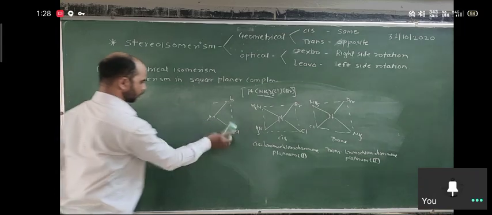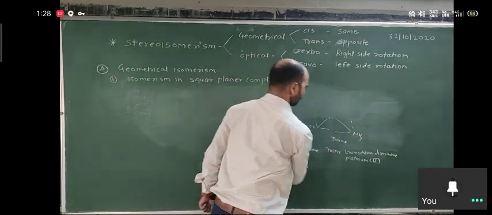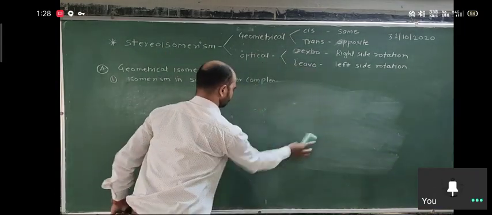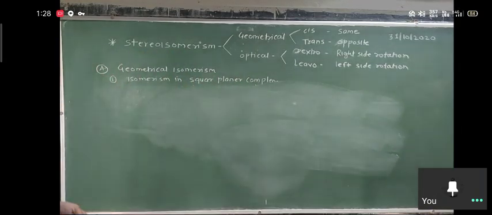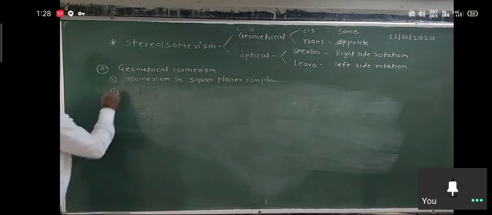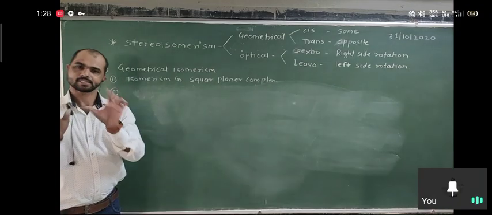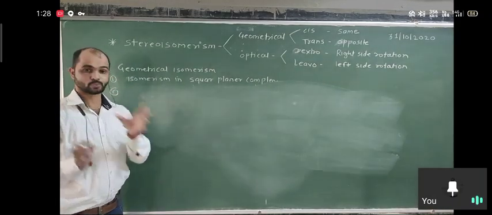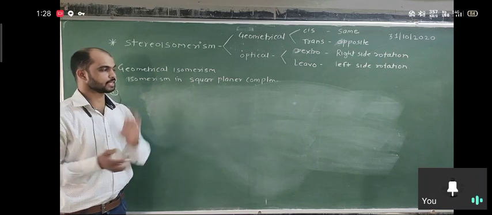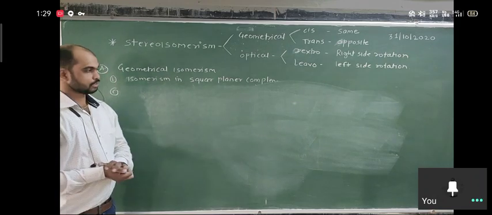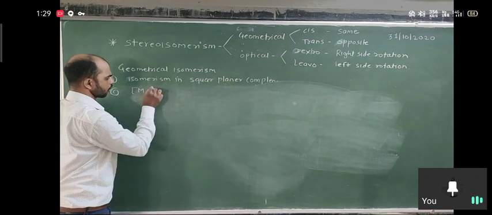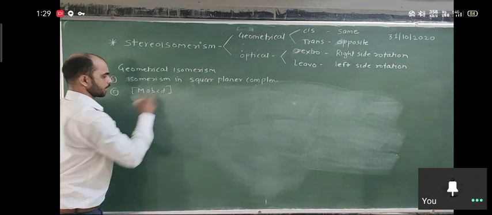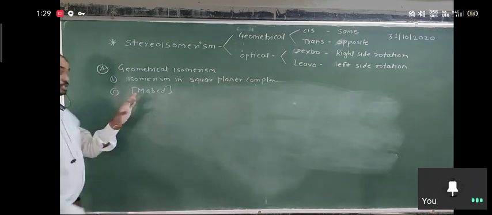The third type of complex we are going to discuss. In the first case, two ligands are the same. In the second case, two ligands are the same and the others are different. But the third possibility is that the complex has all different ligands, M A B C D, meaning all ligands are different.